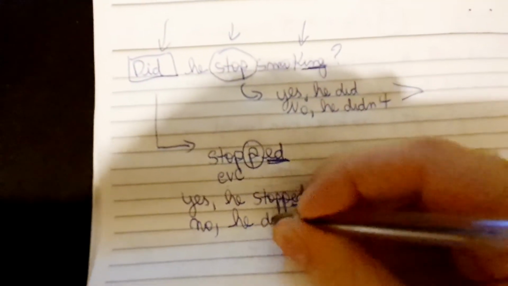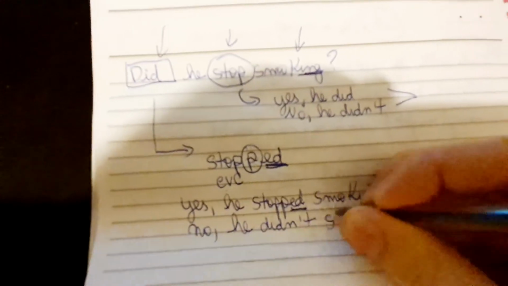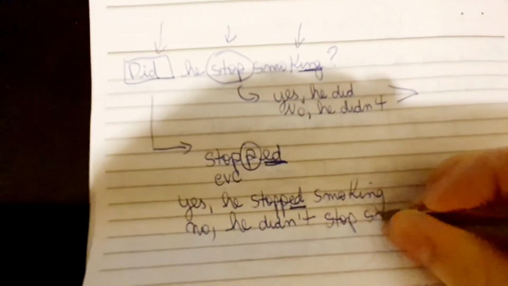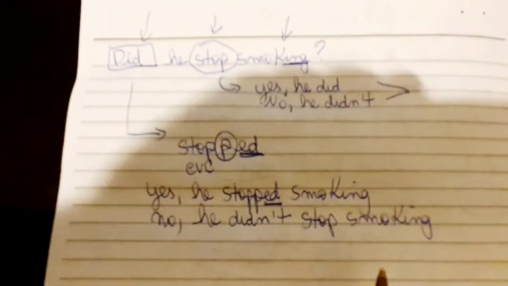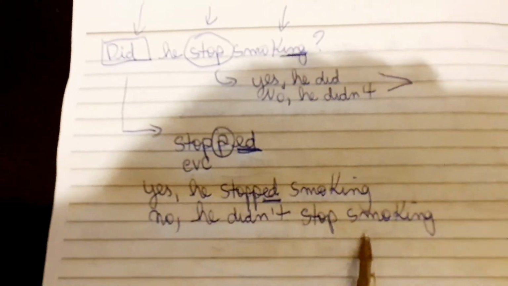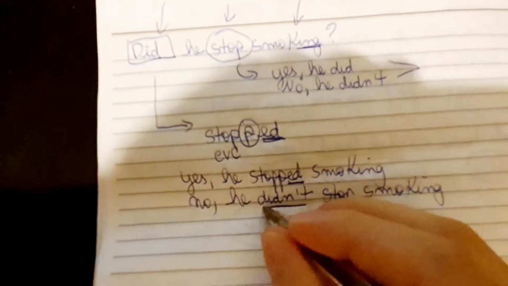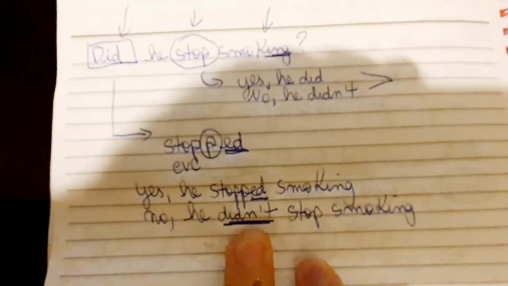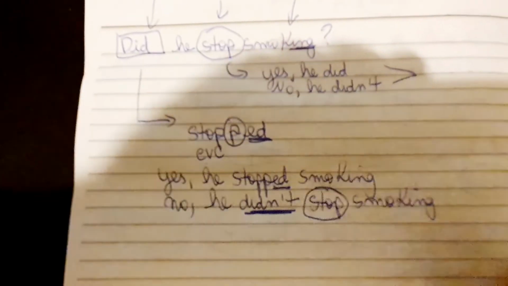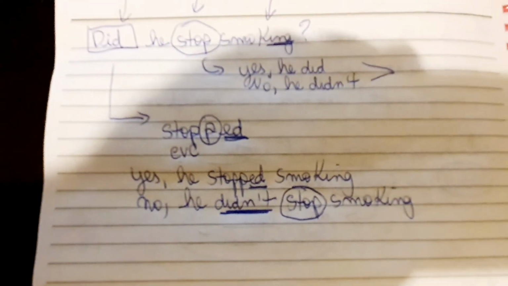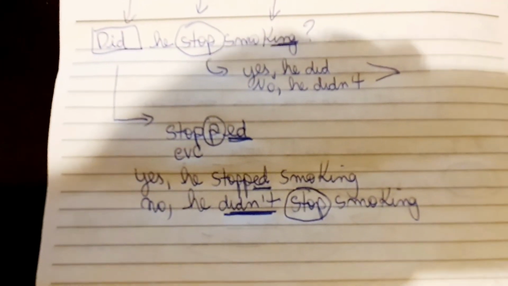He didn't stop smoking. Although I highly recommended him to stop smoking, he didn't stop smoking. So you use didn't, the auxiliary verb in the negative, and the main verb in the infinitive form, okay?